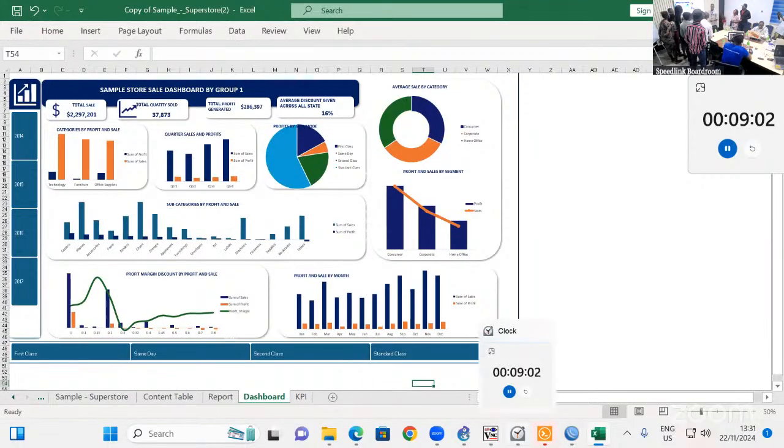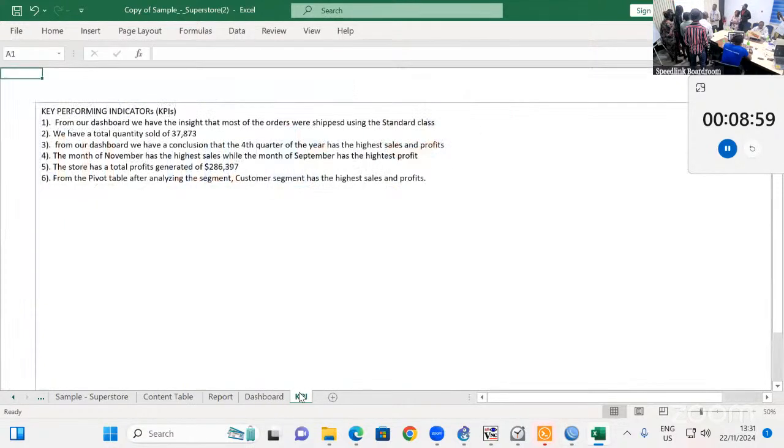Okay, look at the KPI. On the KPI, from our dashboard, we observe that the majority of the orders are shipped using the standard class. The standard class tends to be cheaper, and it is used by most of the orders.